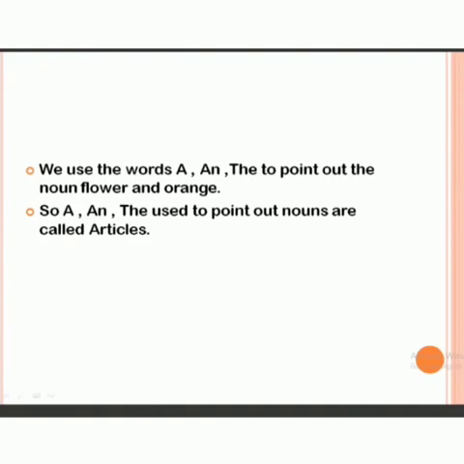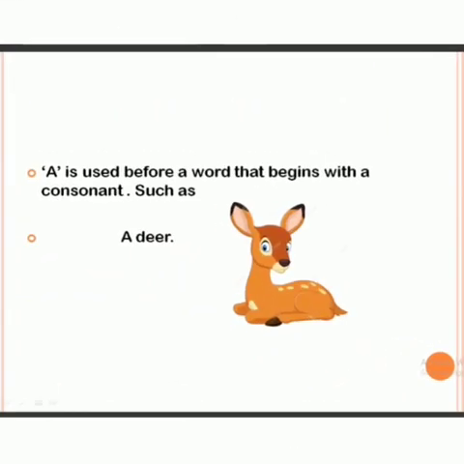These are called articles. So children, as you know, in grammar, always some rules are to be followed. So here also, we will have to maintain some rules. Now, we will see the rules.